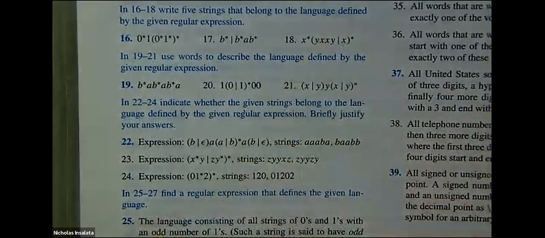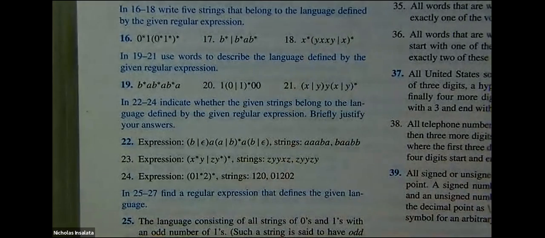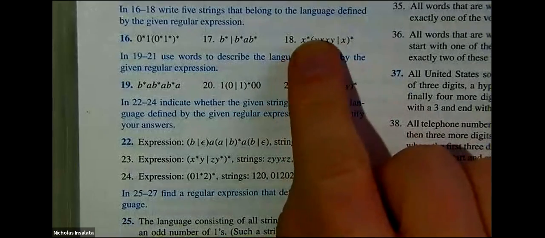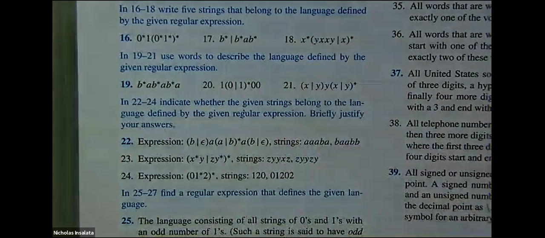Okay, let's try number 18. What do we have here? We'll just do some examples, right? So what do you guys think? Okay, we got an X, Y, X, X, Y, X. Yep, that'll work.